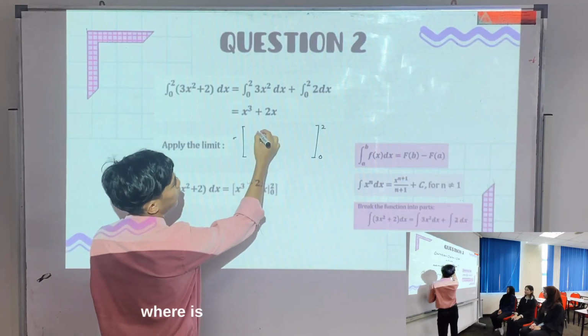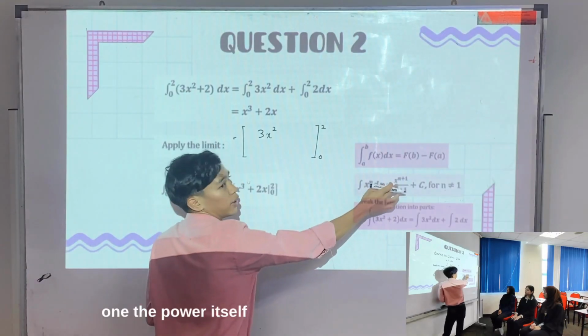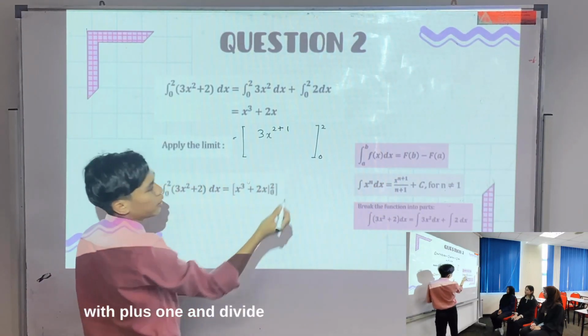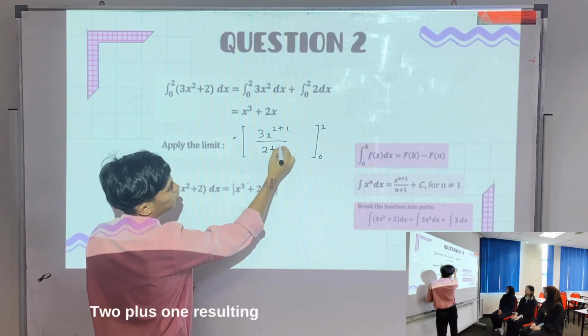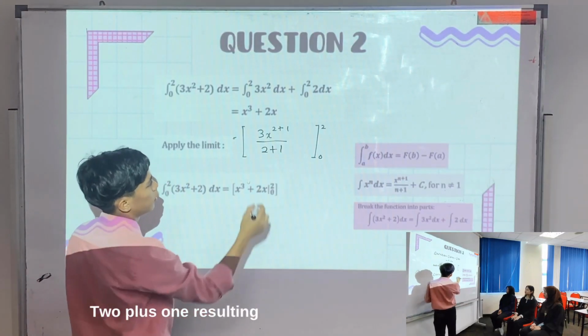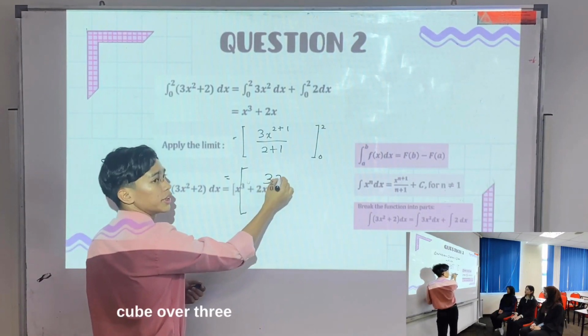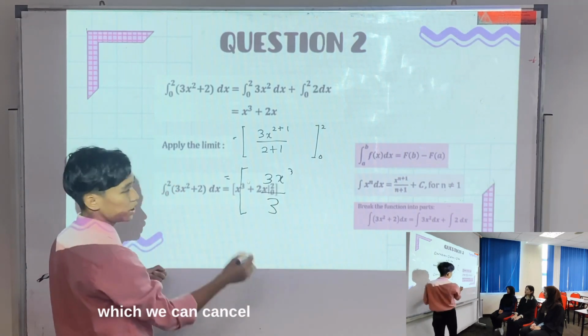For the 3x squared, we have to add 1 to the power and divide by the power plus 1, resulting in 3x cubed over 3, which we can cancel.